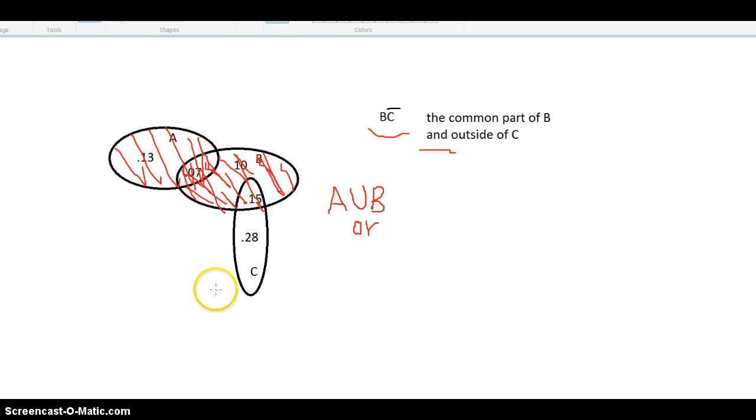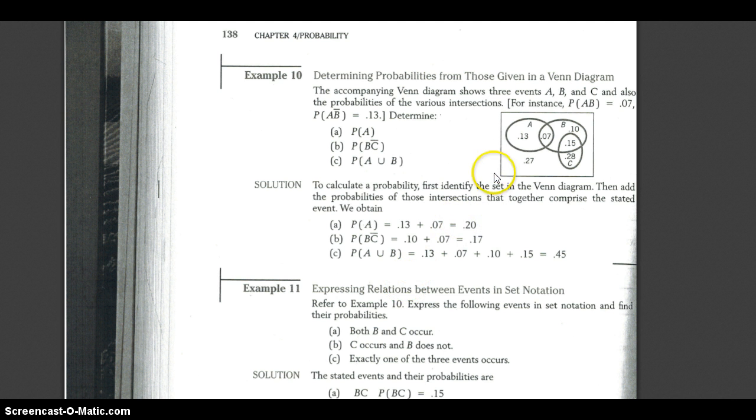So these four little sections. That's the solution given in the book: adding those four numbers, 0.13, 0.07, 0.10, and 0.15. These two circles combined together are the section A or B.